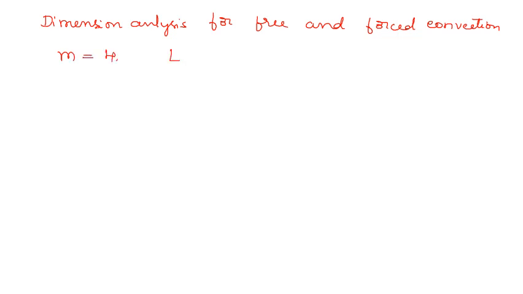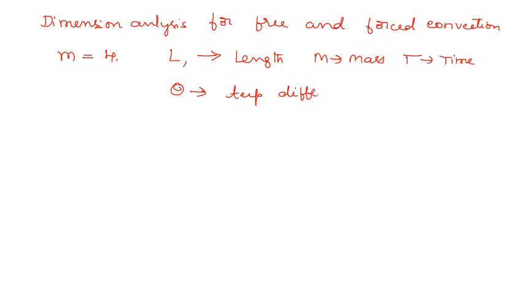They are L, which stands for length, M for the mass, T for the time, and theta for the temperature difference, right? Because we are talking here about HMT, theta plays a very important role.